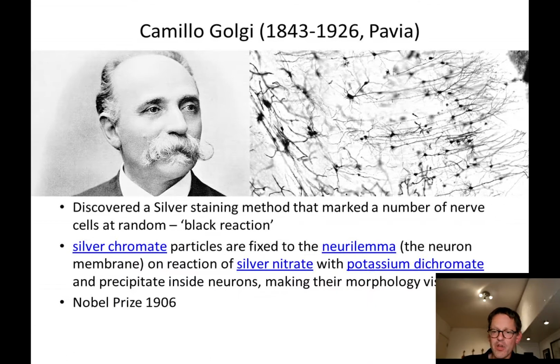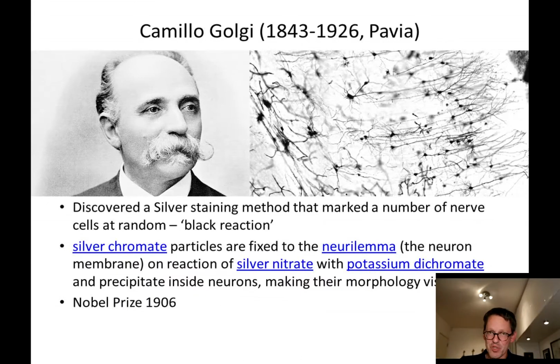And the ingenuity of this black reaction for imaging brain sections is that it is very inefficient. You may say, why is that an advantage in this context? Well, the point is that in this black reaction, only a very, very small number of neurons are labeled with this precipitate.